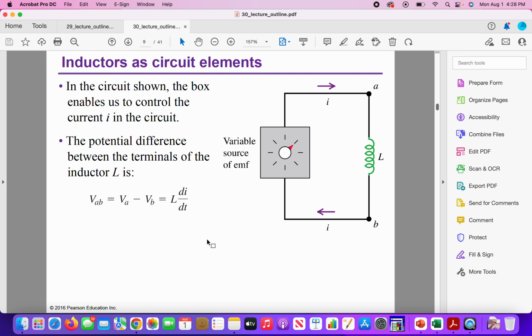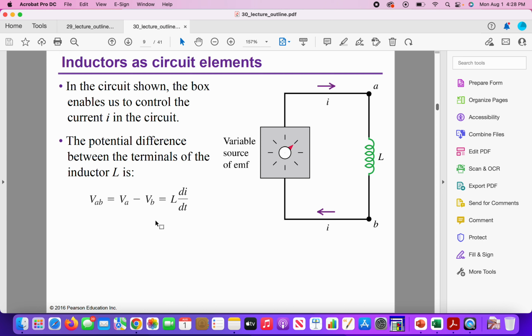This circuit here, we are going to include them as elements in the circuit. If we have a box here with a variable source of EMF, then the potential difference between the terminals of the inductor L is going to be VAB equals VA minus VB equals L times di over dt.